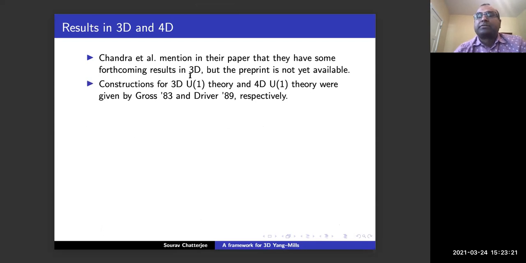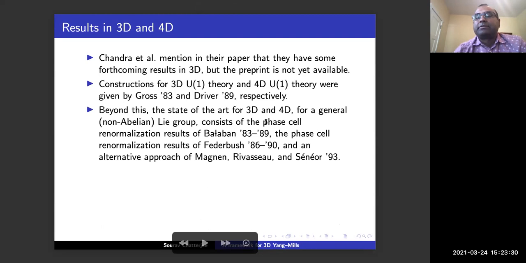So constructions for 3D U(1) theory and 4D U(1) theory were given by Gross in 83 and Driver in 89. Beyond this, in 3D and 4D, for a general non-abelian Lie group, there are these results of Balaban, many papers between 83 and 89, and Federbush and this other paper.